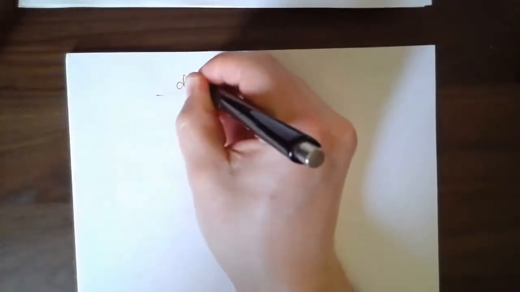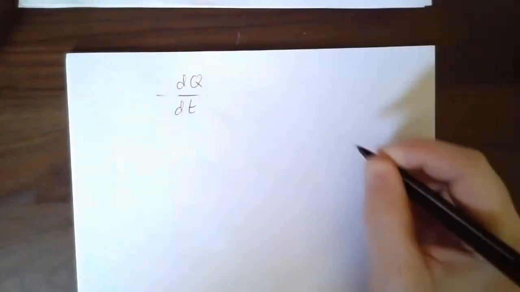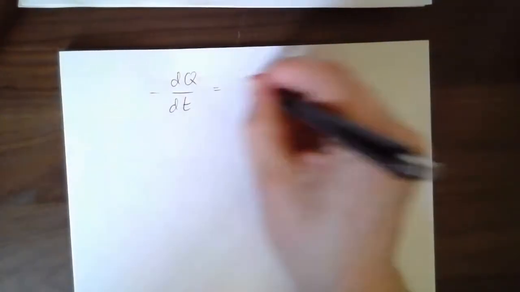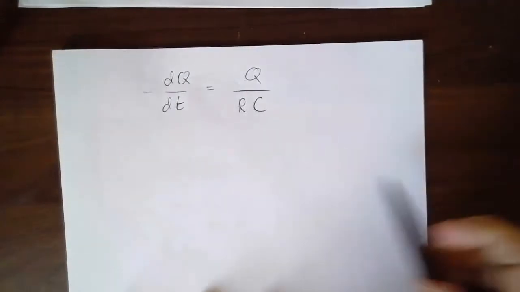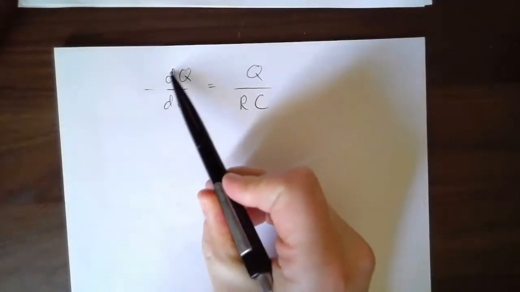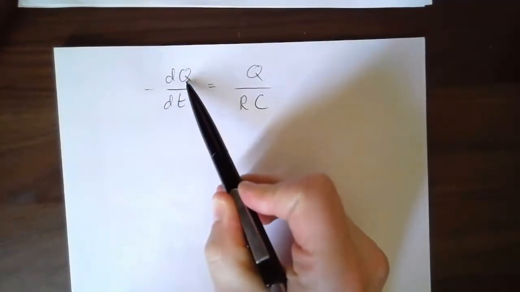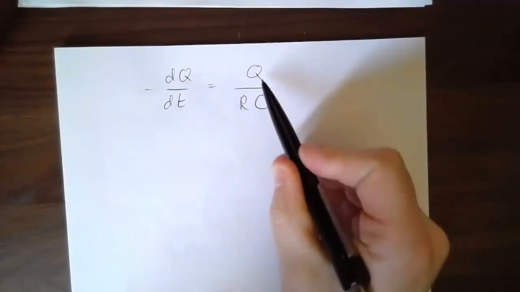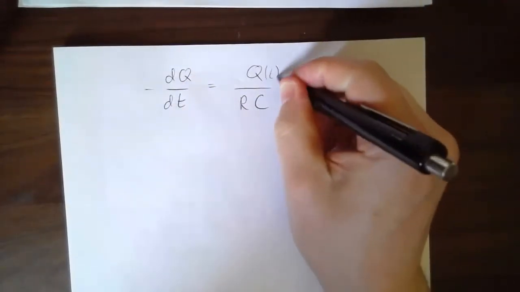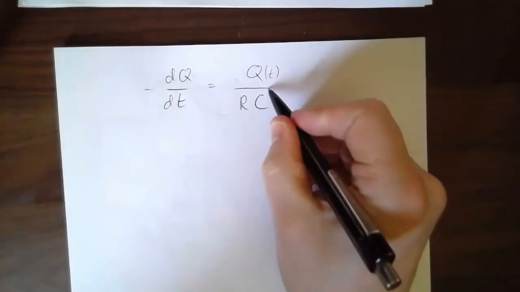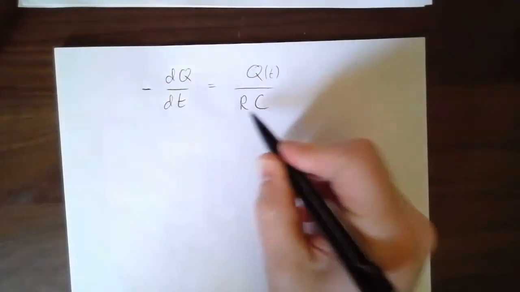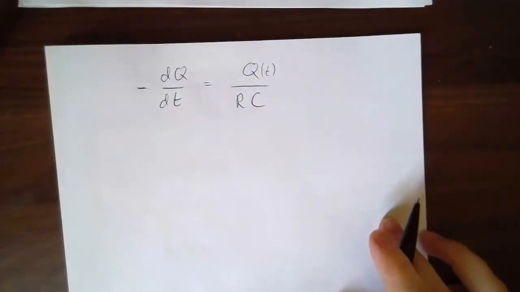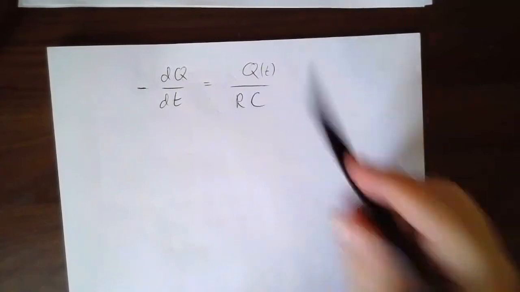Our equation is minus dq/dt is equal to q over RC. Okay, so what is it telling us? The time derivative of q, where q is a function of time, is equal to the function itself, up to a minus sign on this side and RC on the other side. So, what function makes that true?